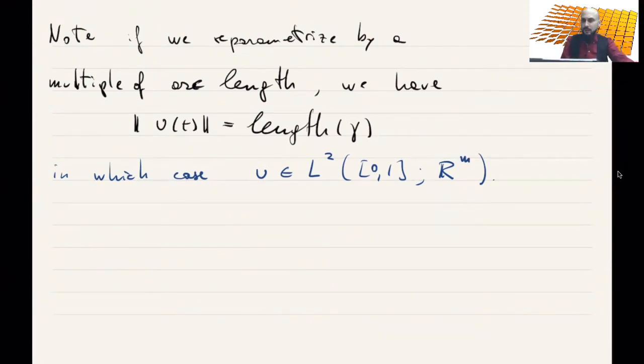What we understand is that we could now consider not only the L1 norm of the control, but also the L2 norm.